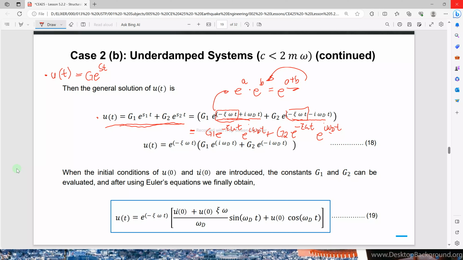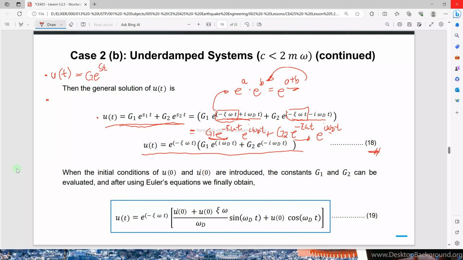So we can factor out these common terms on both functions, and then we come up with equation 18. This is the same as the underdamped system, a general solution to the differential equation.